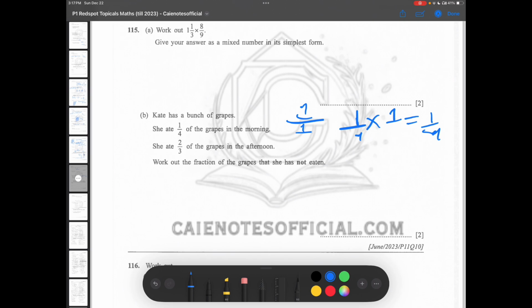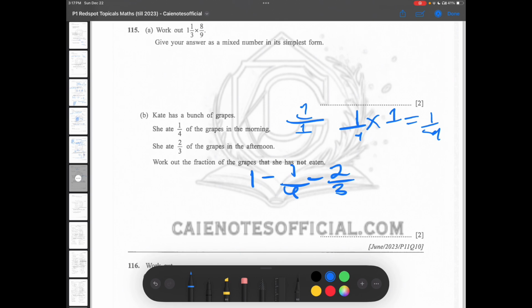So we will subtract this 1 upon 4 and 2 upon 3 from 1. This becomes 1 minus 1 upon 4 minus 2 upon 3. So to solve this question, we need to take the LCM. Over here, the LCM will be 12.